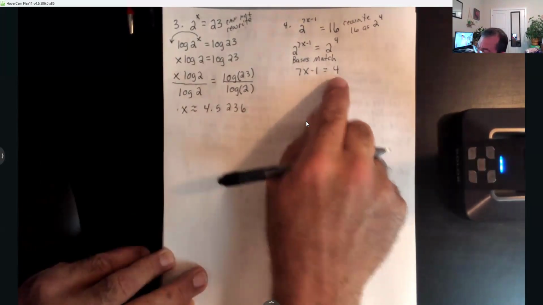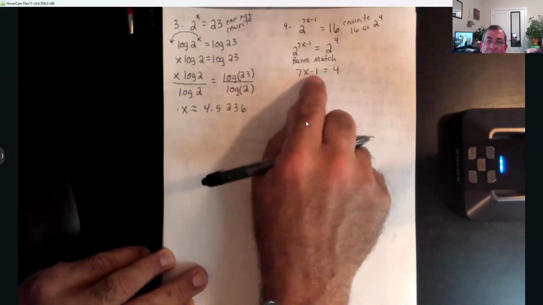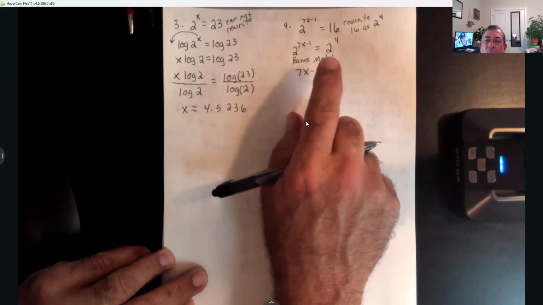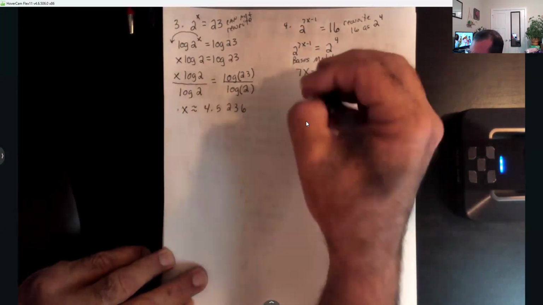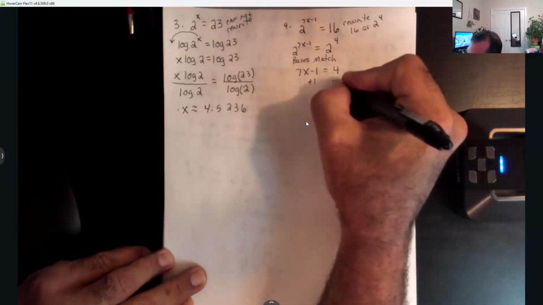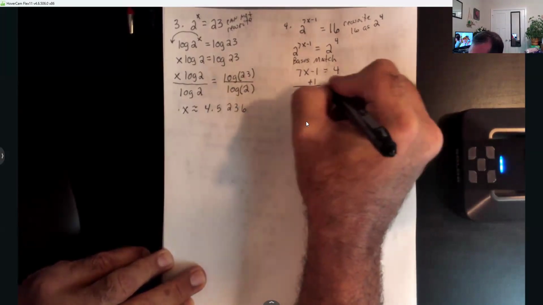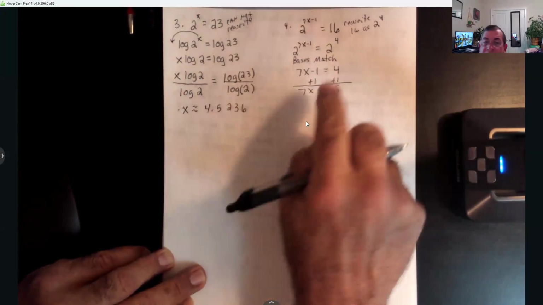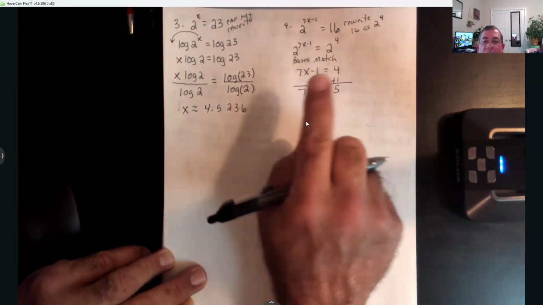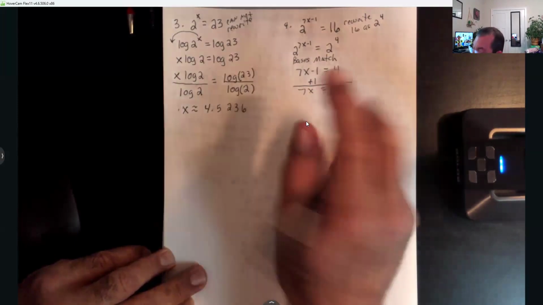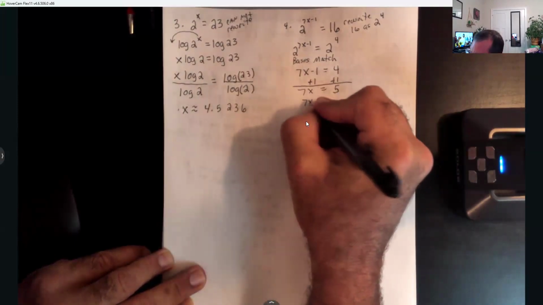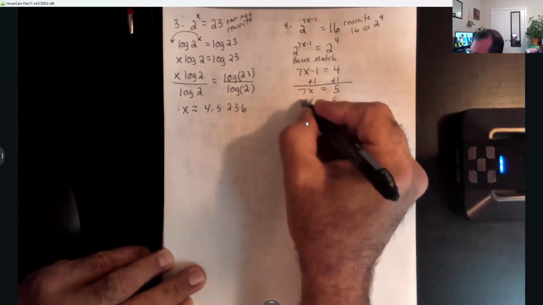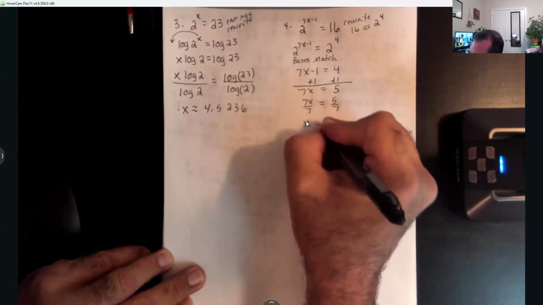All right, so notice this one doesn't have any logs in it, so I don't have to worry about all this rounding off, okay? So we're just going to add 1 to both sides to get the 7x by itself. So 7x will equal 5. And then to turn 7x into 1x, we will divide by 7. 7 divided by 7 is 1x.